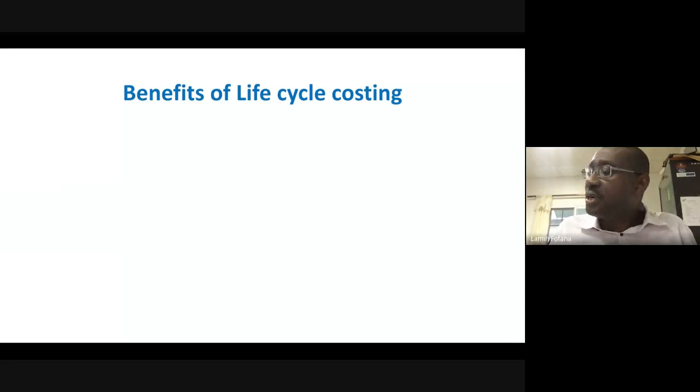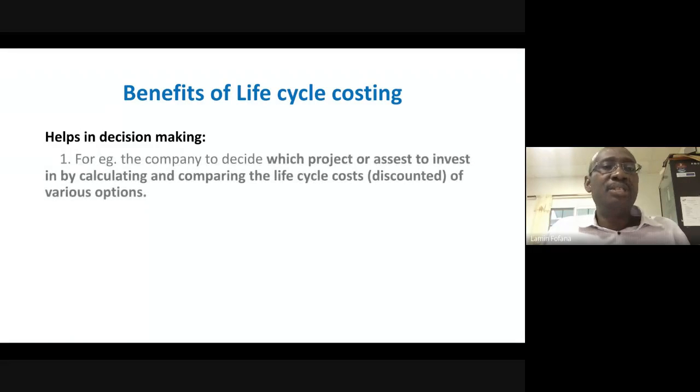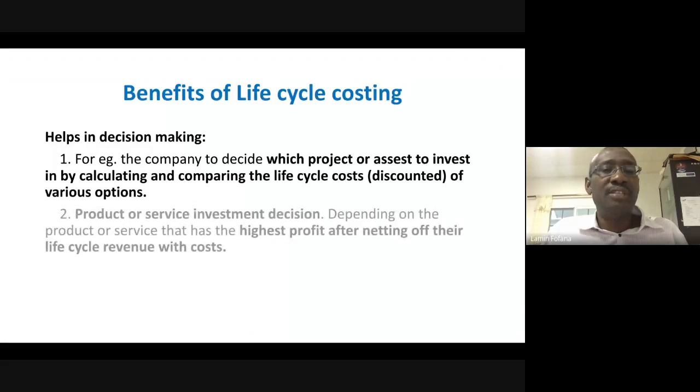So you will have already known the total life cycle benefits and the total life cycle cost. Then when you compare them, of course, the product with the highest net benefit will be considered first. So it helps in decision making, in investment appraisal, in choosing projects, in choosing products, in choosing various service areas and so on.